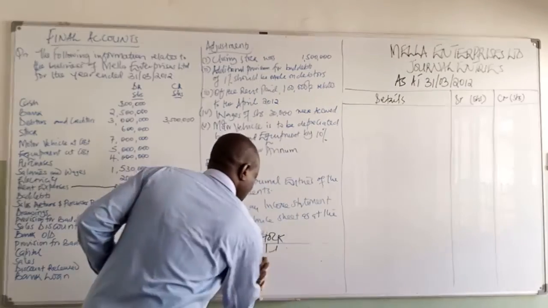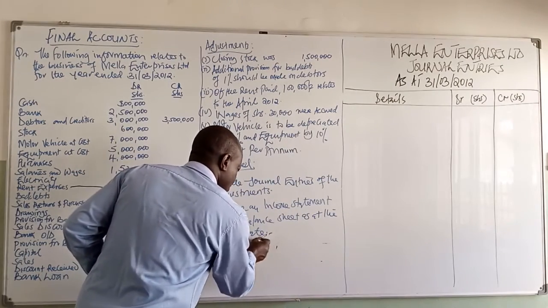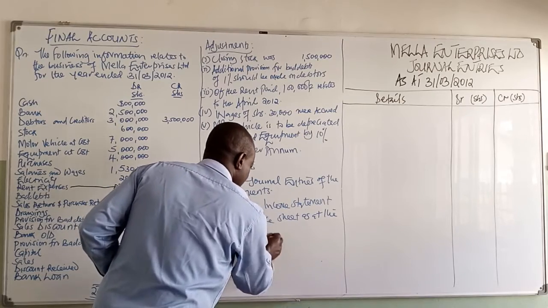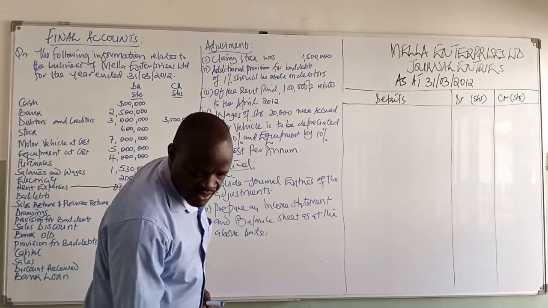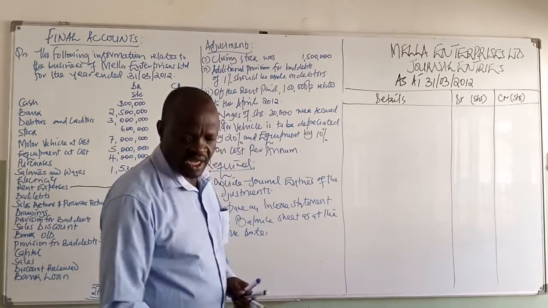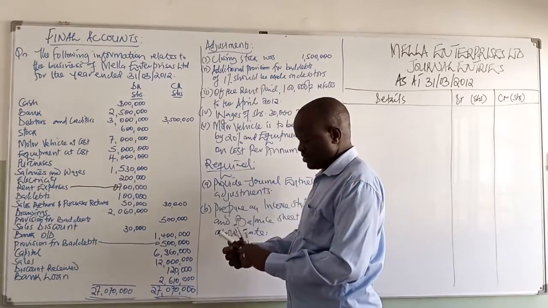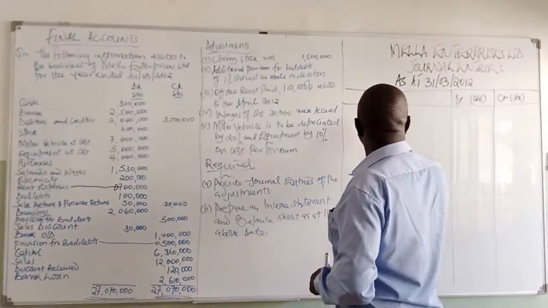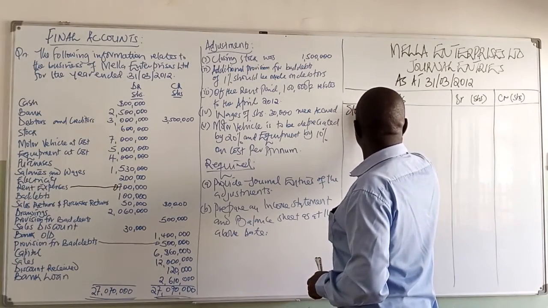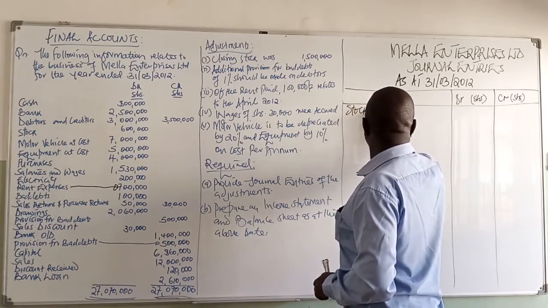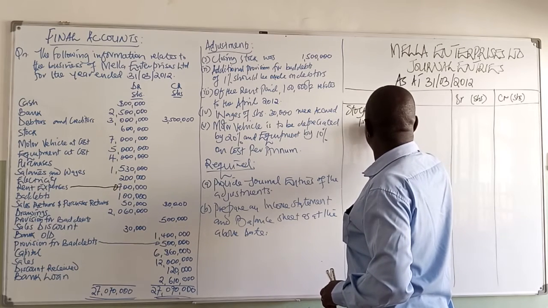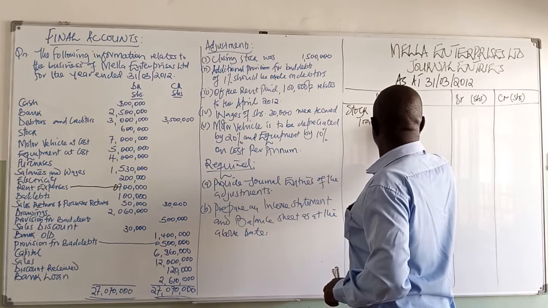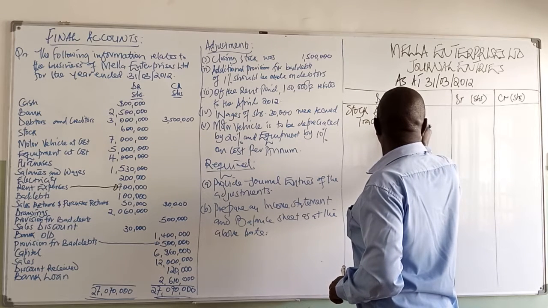And therefore, in this case, we shall now say we are going to debit stock account and credit trading account.